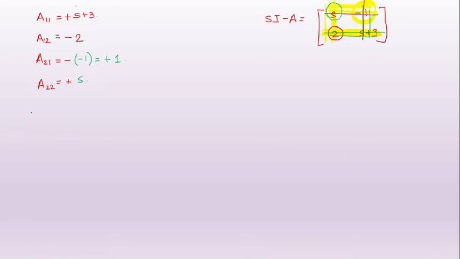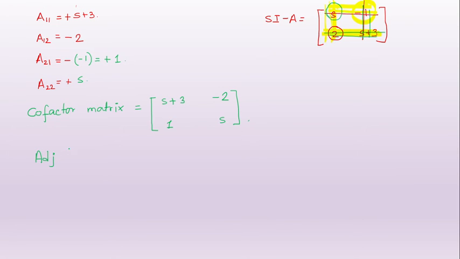Now my cofactor matrix will be S plus 3, minus 2, 1 and S. Now what is my adjoint matrix?